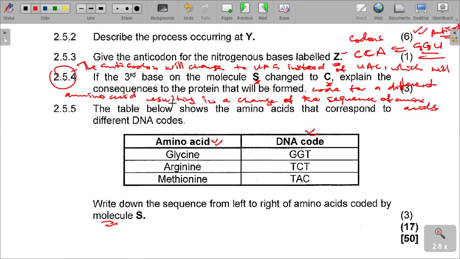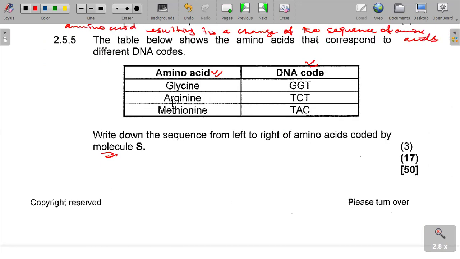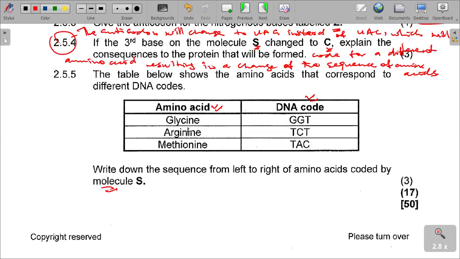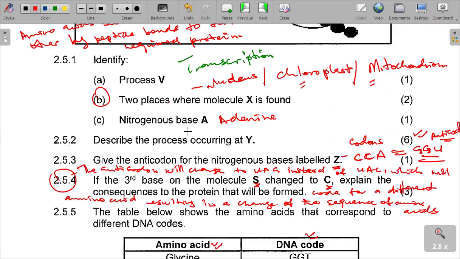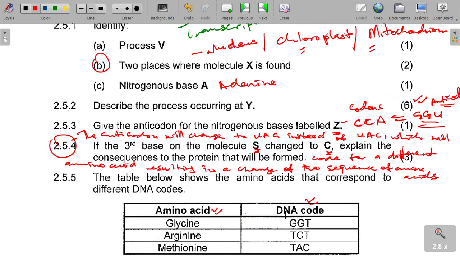You are supposed to give the representation of the amino acids, to write down the sequence of amino acids coded by S from left to right. So I'm saying this is the DNA, and then you are supposed to write them in their order.